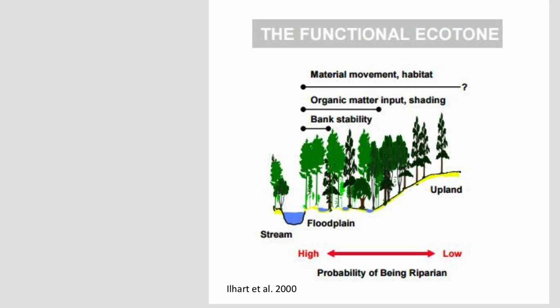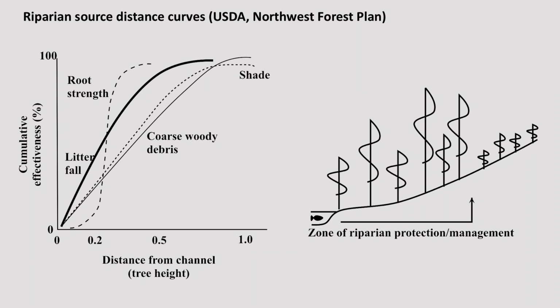So people think about, at least in the academic literature, a functional ecosystem based on different kinds of processes. Wood recruitment is one zone. The thermal energy control by shade is another. The floodplain is another. The wet soils and wetlands is another zone. And there are others. Back in the 1990s, there was something called the Northwest Forest Plan, which was trying to save the remaining old growth in Washington, Oregon, and Northern California.